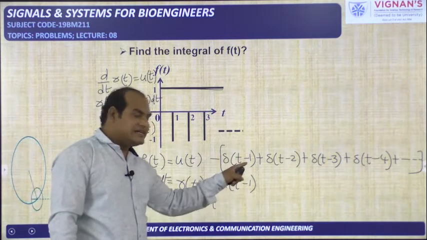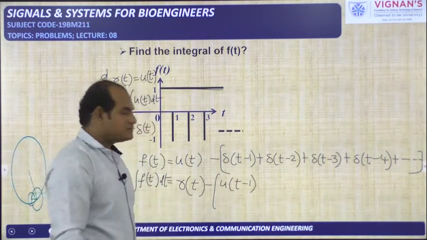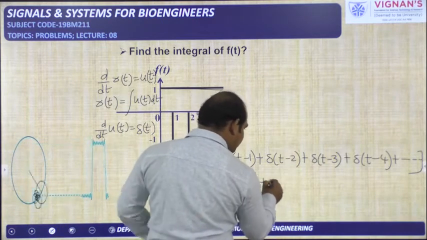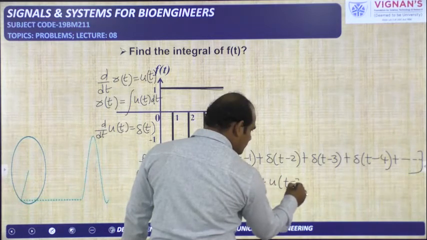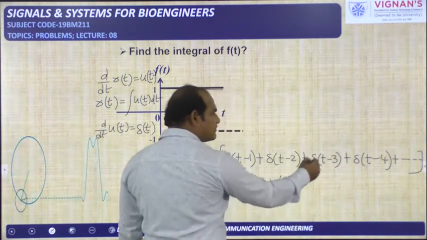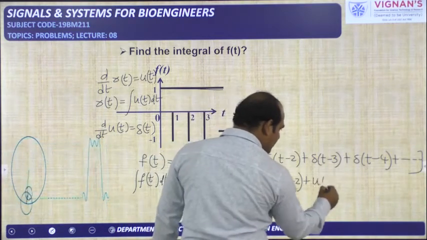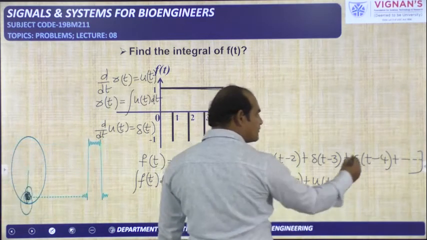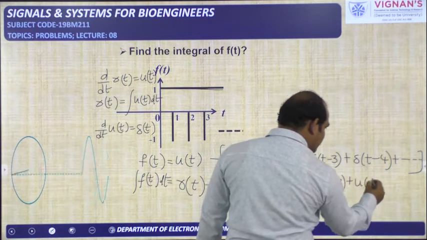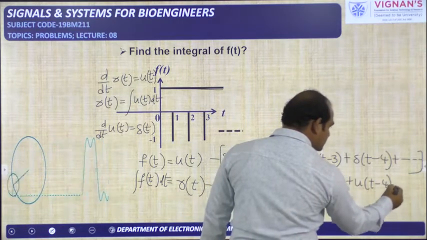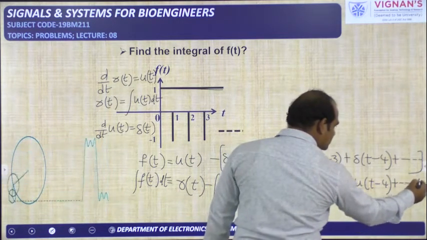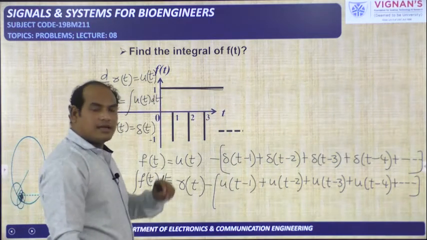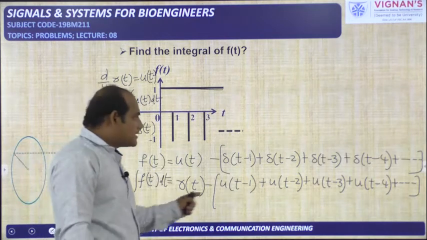Del of t minus 1 integration is u of t minus 1, plus del of t minus 2 integration u of t minus 2. Del of t minus 3 integration u of t minus 3. Del of t minus 4 integration u of t minus 4. So like this we have done the integration part. This is the mathematical expression.